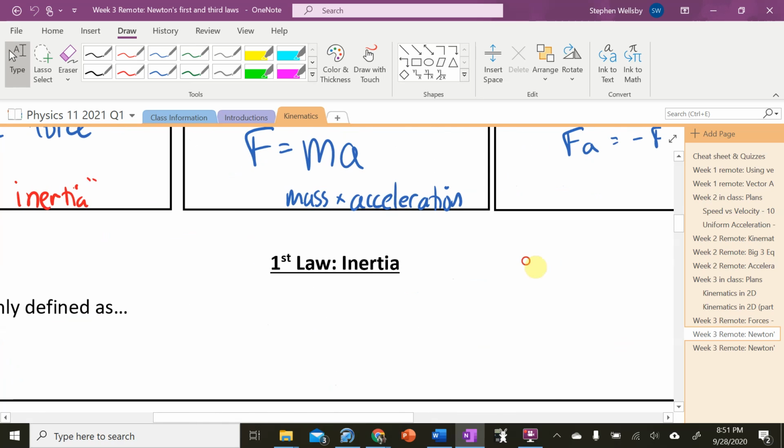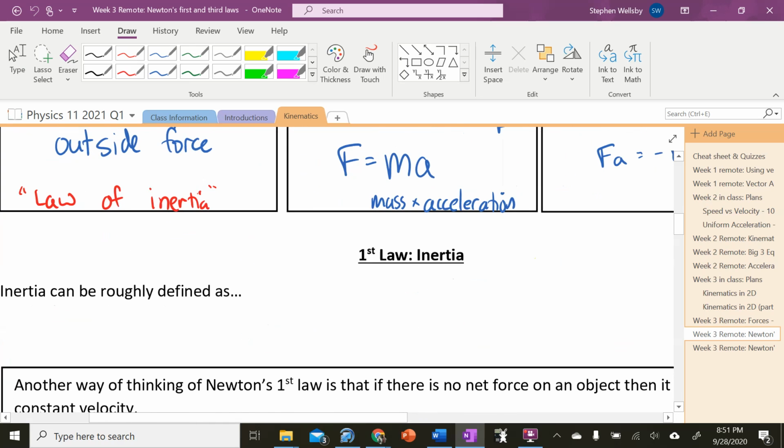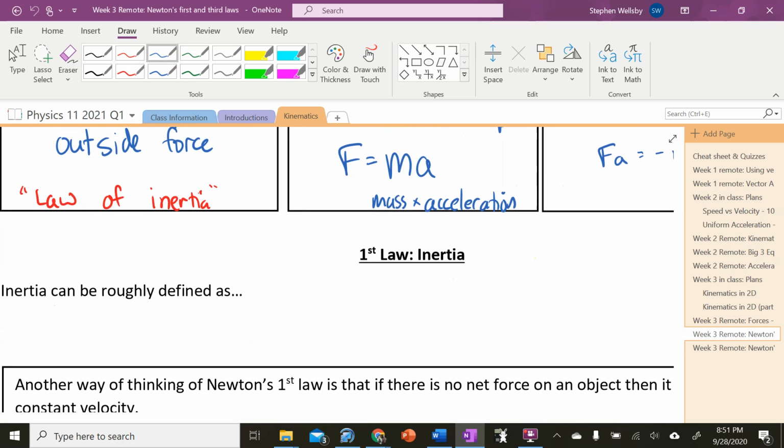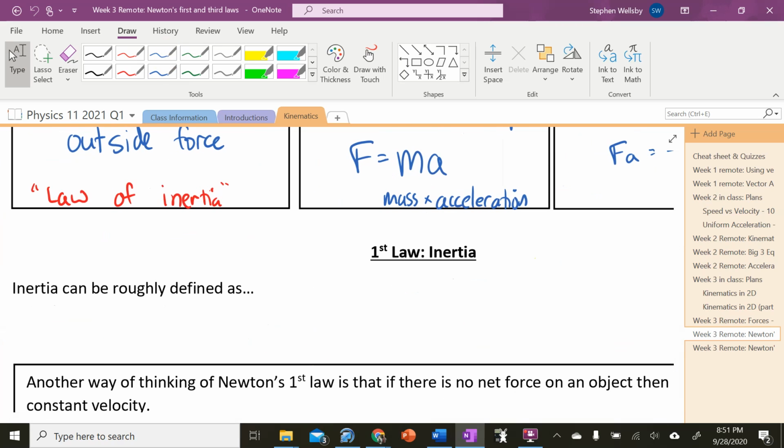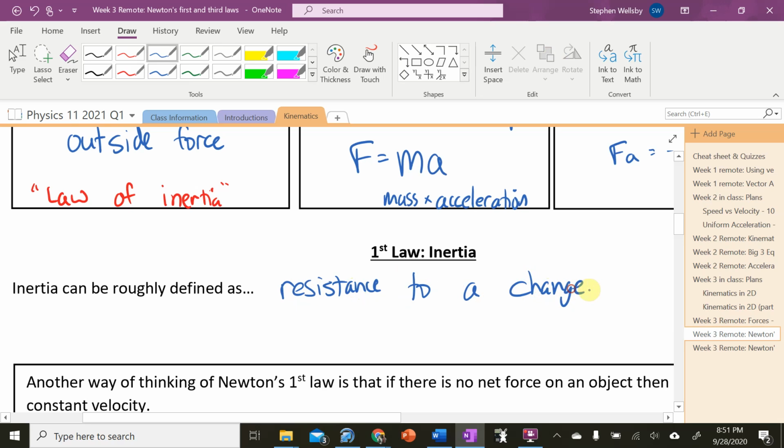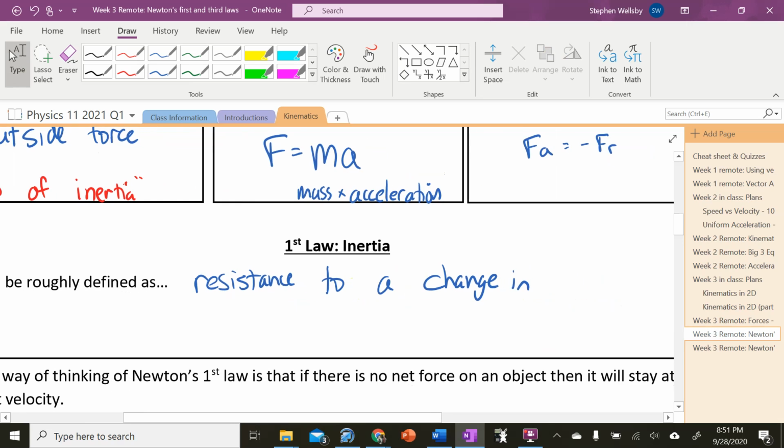What this law of inertia is saying in broad terms is that inertia can be roughly defined as a resistance to a change in motion. Things that are moving want to keep on moving, and things that are stationary want to remain stationary.